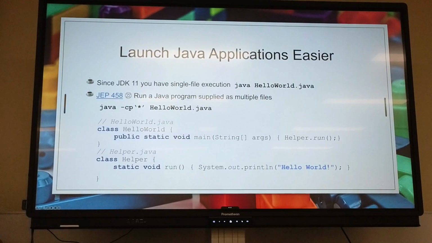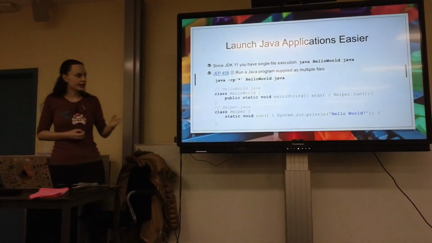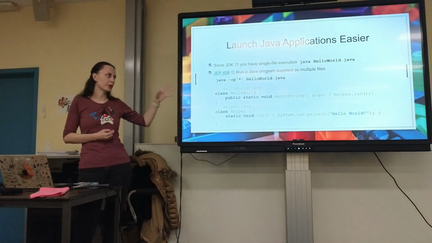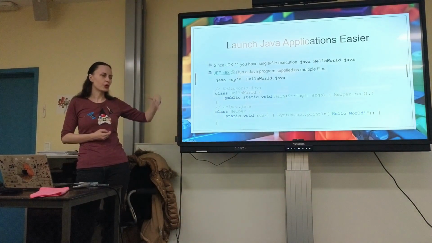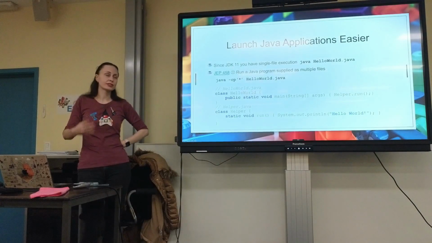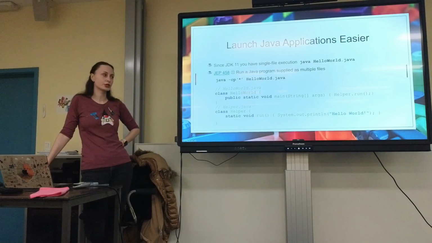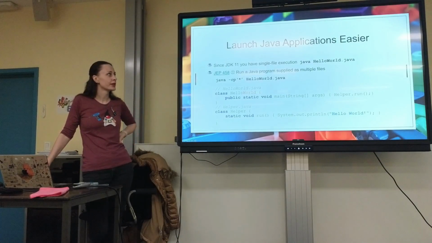So in this case, it will look into this and just run it without going and specifying every dependency in part, just to run the program itself. So this is a pretty cool enhancement regarding the launcher that is coming in JDK 22.